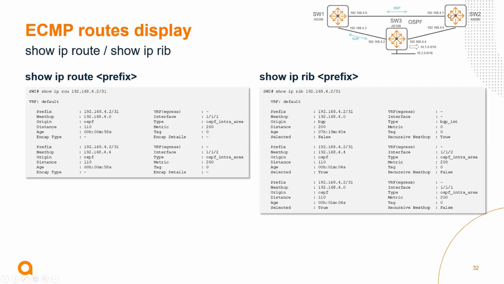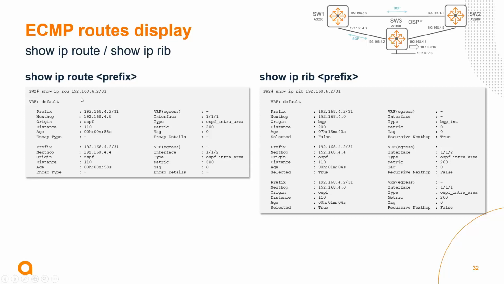Switch 2 is going to receive that information through OSPF adjacency from switch 1, as well as from switch 3. And on top, it will receive the information with BGP from switch 1. In terms of route, it's internal BGP, so less preferred than OSPF. So you have twice OSPF in order to learn that, and you will have an ECMP route with 2 next hops.